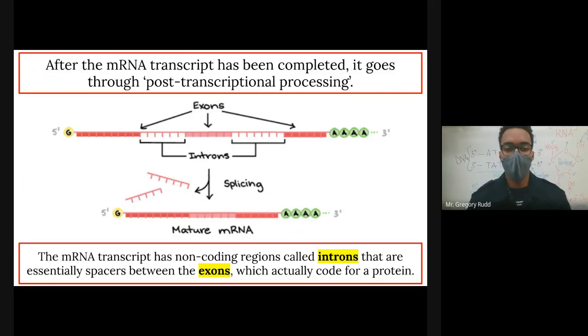So the idea is that even though these introns might not code for anything, the reason that our cells continue to make them probably means that they do still have some function that we just don't yet understand. So this is a big question in science. Why are the introns there if they end up getting taken out anyway?